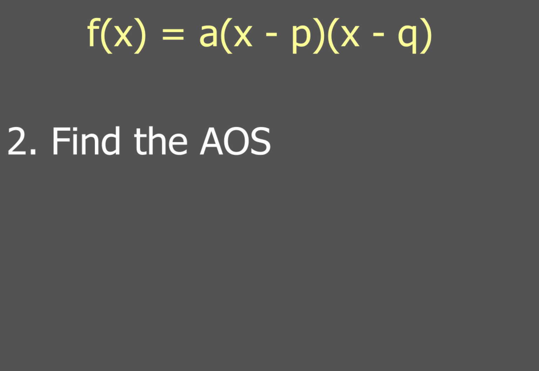The second thing that you're going to do is find the AOS. And the AOS is going to use this particular formula. You're going to take x and set it equal to (p + q) / 2, which basically is the average of p and q. So that's all you're going to do.